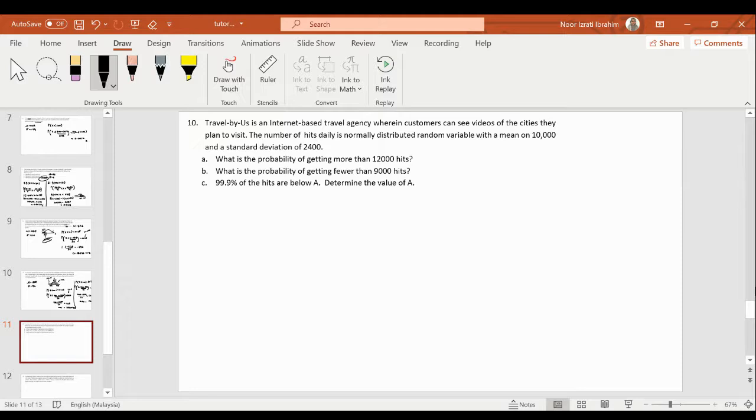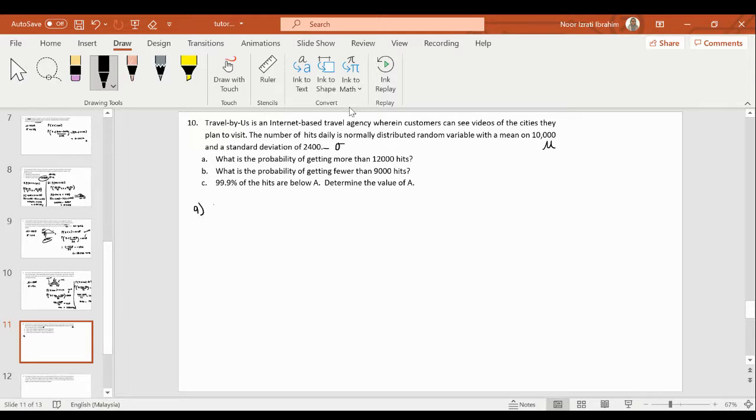Number 10. Travel by Us is an internet-based travel agency wherein customers can see videos of the cities they plan to visit. The number of hits daily is normally distributed with mean 10,000, so this is our mu, and standard deviation 2,500, this is our sigma.